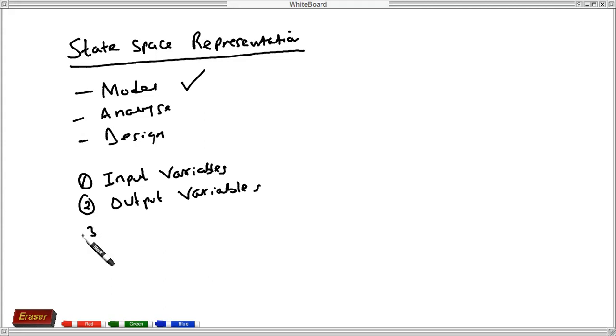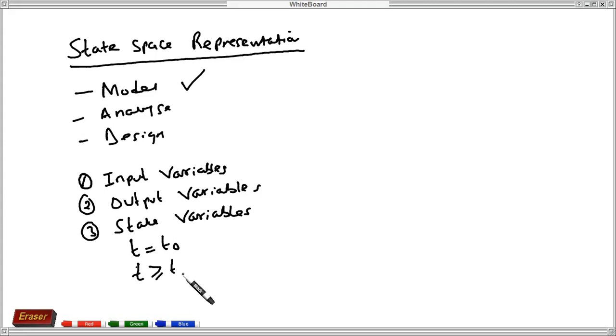And number three, we require what we call the state variables. State variables are defined as those variables such that knowledge of these variables at t equals t naught, where t naught indicates the origin of the state space, plus knowledge of the inputs at t greater than or equal to t naught, will help us determine the response of the system completely.